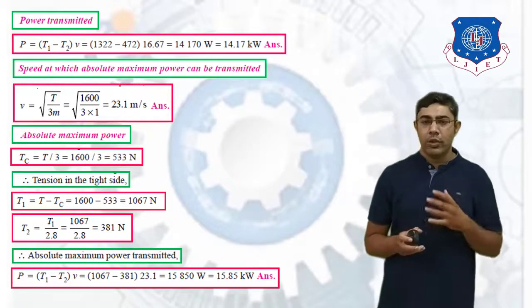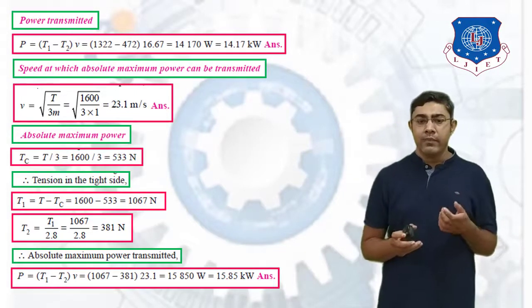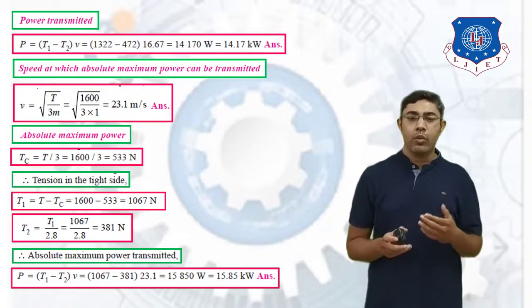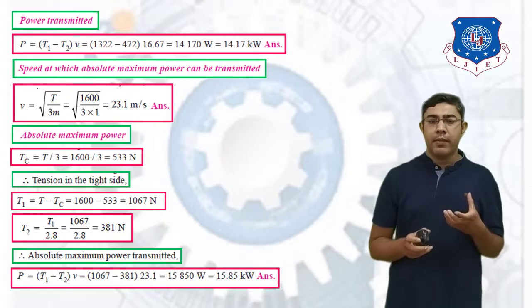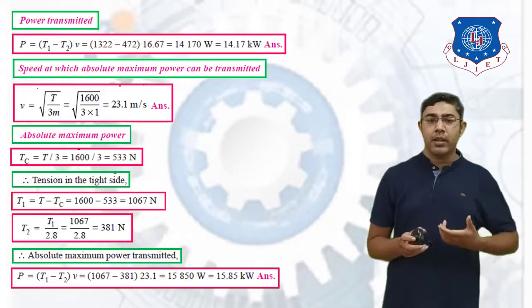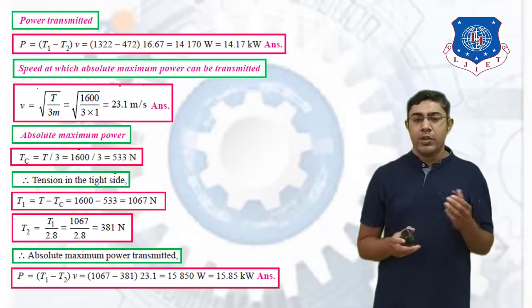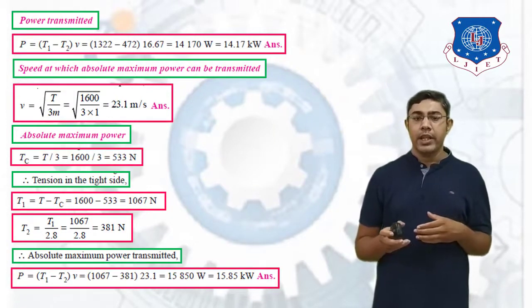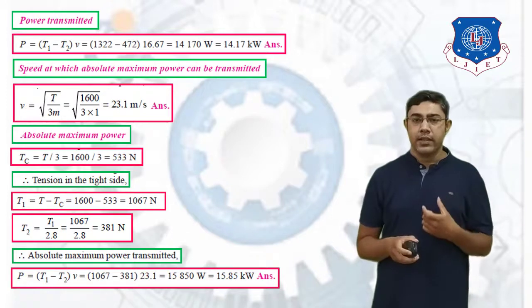So if we place all these values, we get the power is equal to 15,850 watts. This is the maximum power that can be transmitted by the belt. In kilowatt, P is equal to 15.85 kilowatt, and that is our third answer.